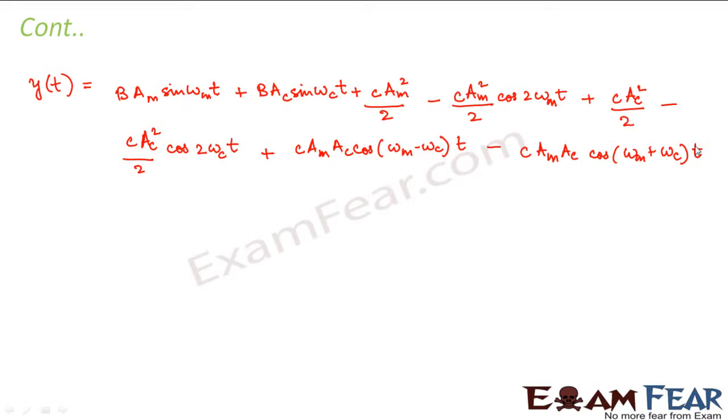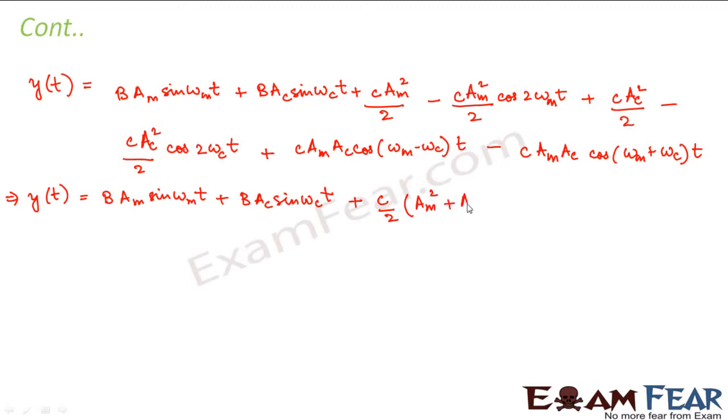So now let's see. We get y of t is equal to b a m sine omega m t plus b a c sine omega c t plus c by 2 (a m square plus a c square). So if you see, I have combined these two terms together, right?